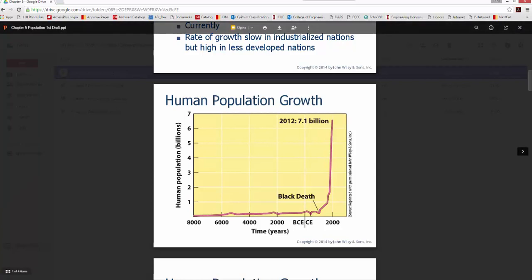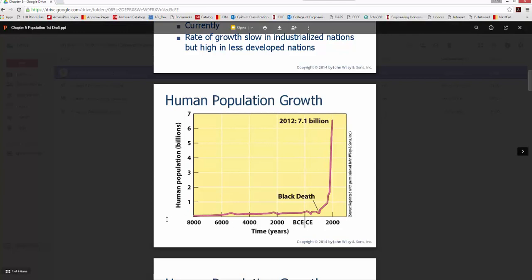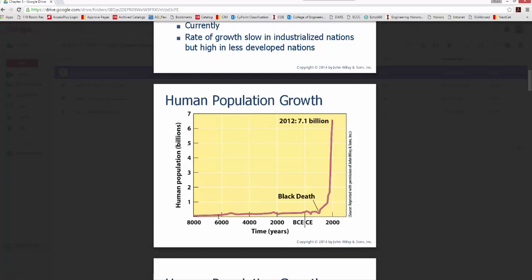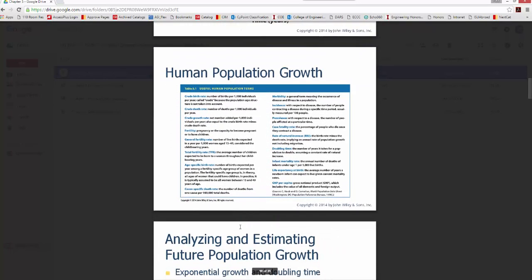So the biggest growth, going from less than a billion in 1850 to 7.1 billion, a seven-fold increase, in roughly the last 150 years. If you go back the last 8,000 years, we've not even come close to seeing that type of increase. So we'll talk about why that has happened.